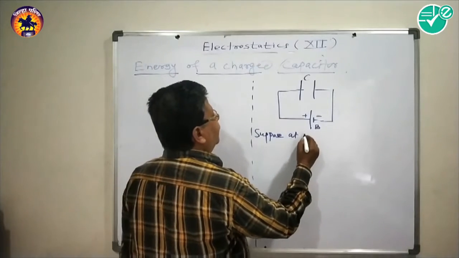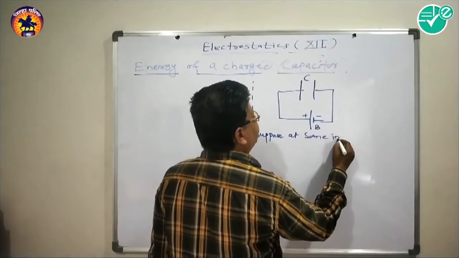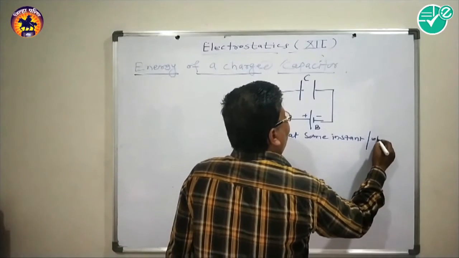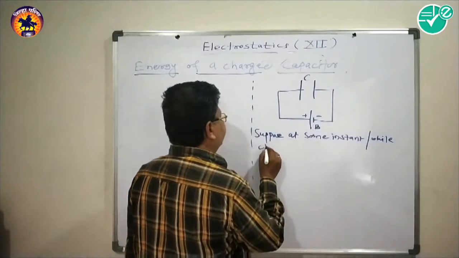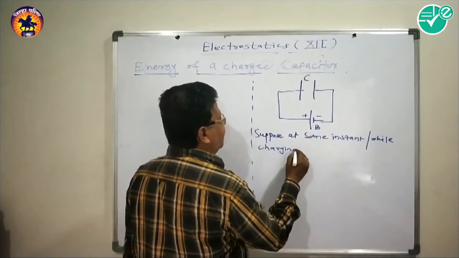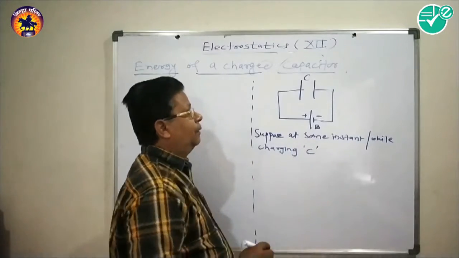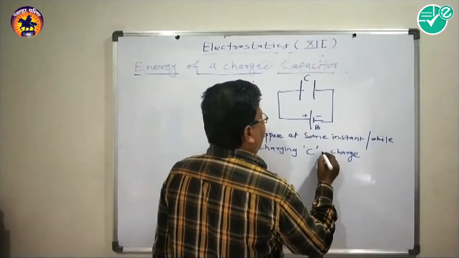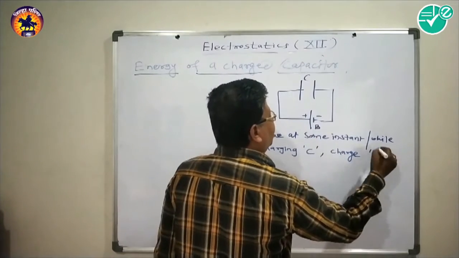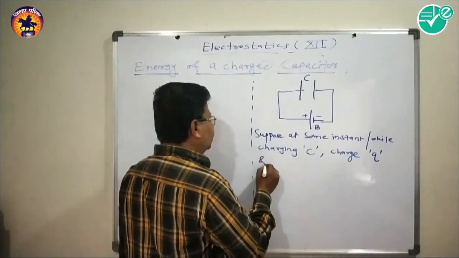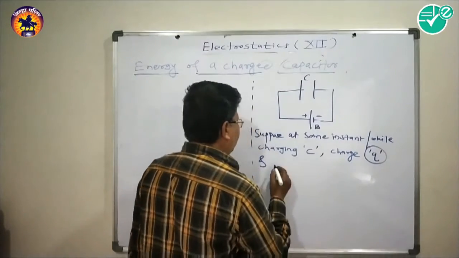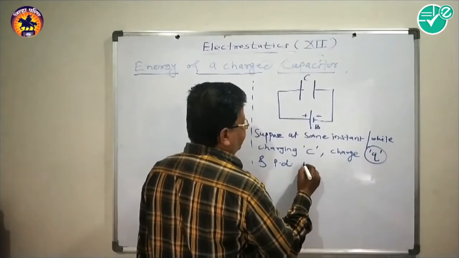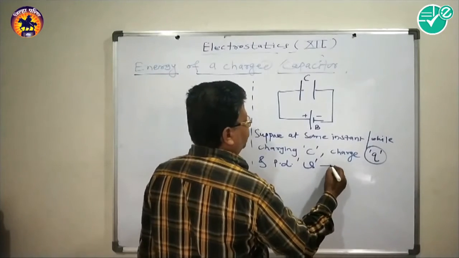Now suppose that at some instant while charging the capacitor, the charge on the capacitor is small q, and due to this small charge q, the PD across the capacitor is say V volt.